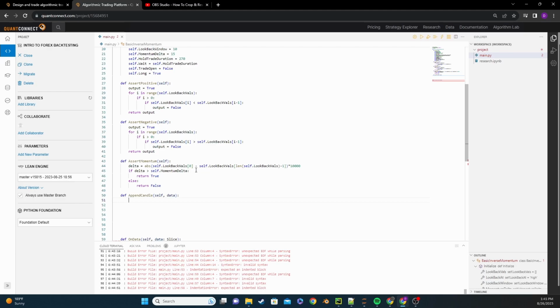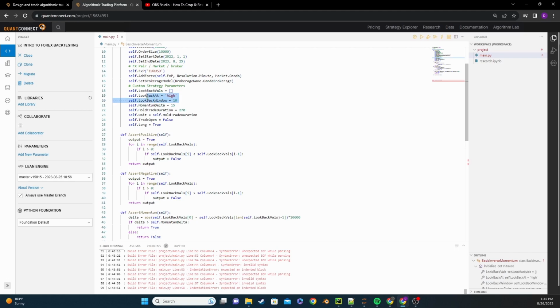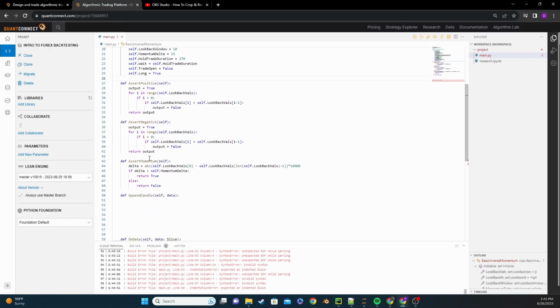later. So when I do this append candle, I need to support having various different values for the self look back at parameter. Oops, those are minus signs. High.